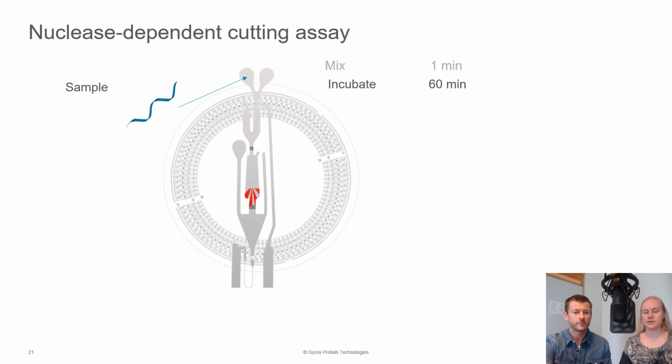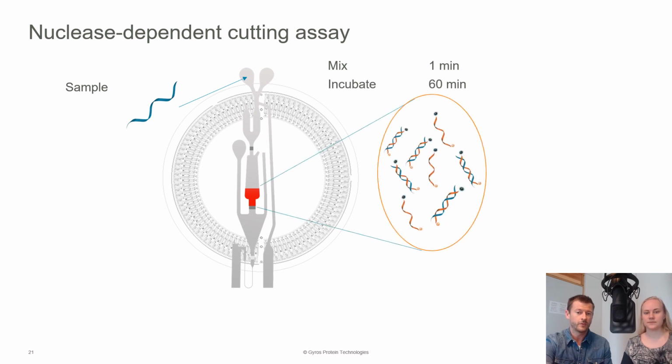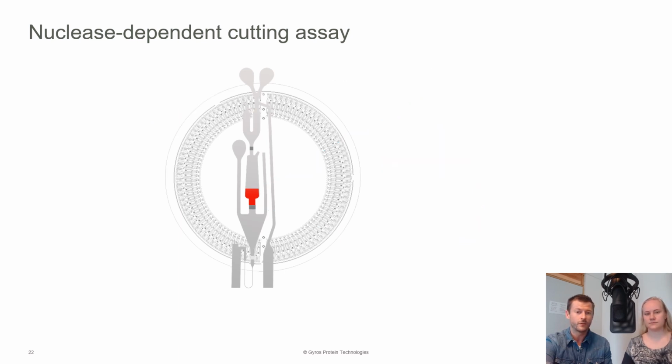You would incubate this for 60 minutes. Here you are then producing the double-stranded DNA with the sample hybridizing with the dual-purpose probe, and this mix is going to go through the streptavidin column.